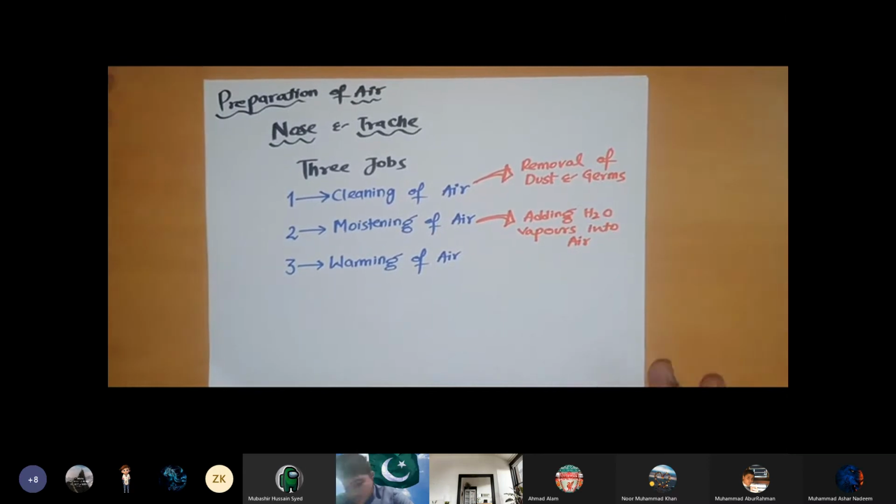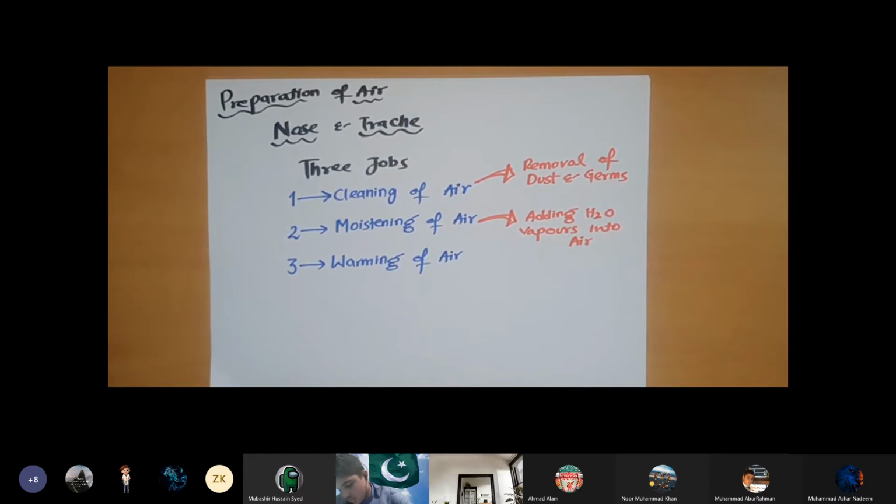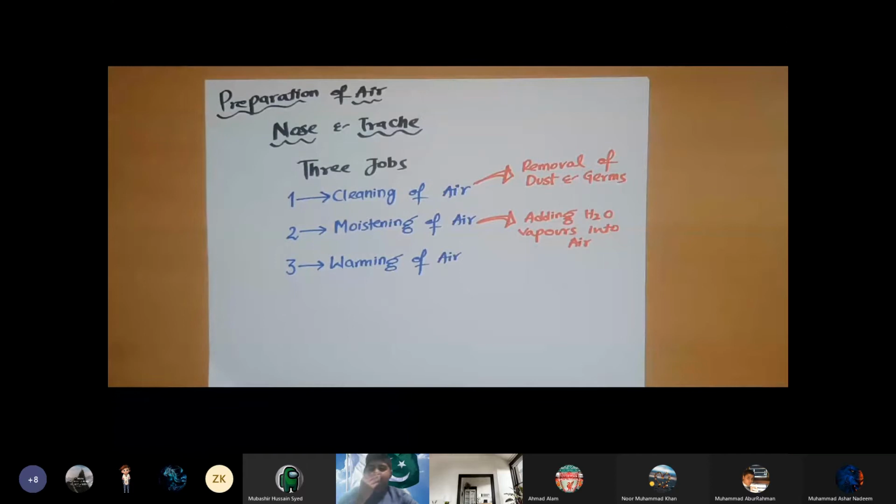Now, let me tell you one thing: if the air does not contain enough water vapors, it will not be able to make the surface of the alveoli moist. So when the surface of the alveoli is not moist, the exchange of gases cannot take place. The swapping of the gases cannot take place. That is why the moisture must be added. Water vapors must be added into the air.